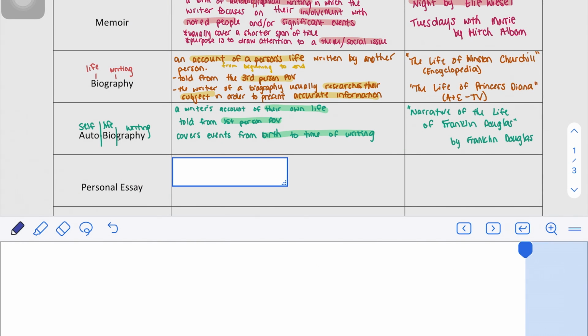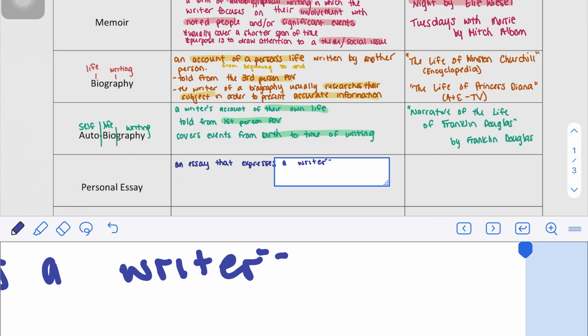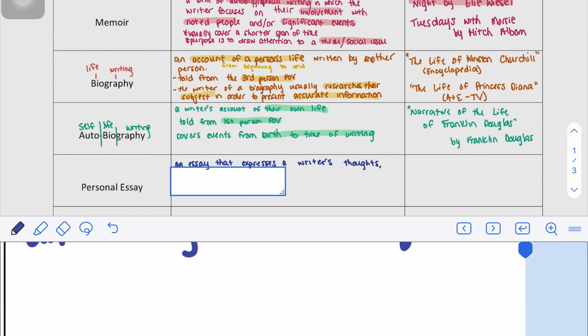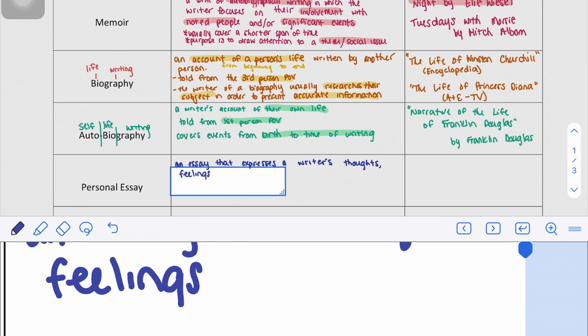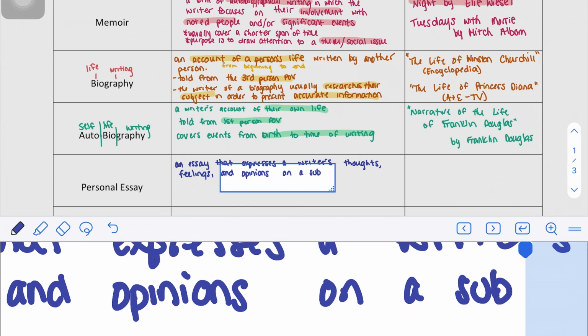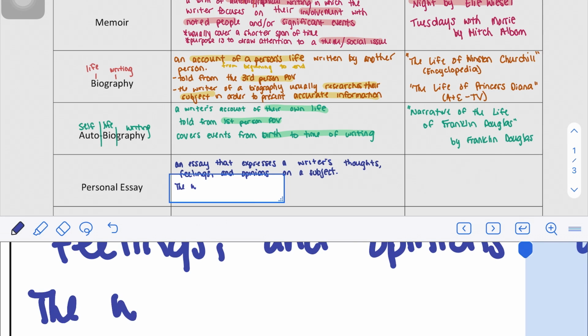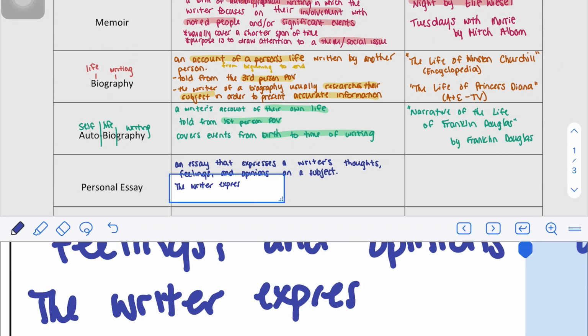A personal essay is a type of literary nonfiction, which is an essay, so it's a shorter work that expresses a writer's thoughts, feelings, and opinions on a subject. The writer explores the meaning of events and issues in his or her own life. Again, usually societal issues. And it's written usually in an informal style with first person point of view because it's that person's account of that issue.